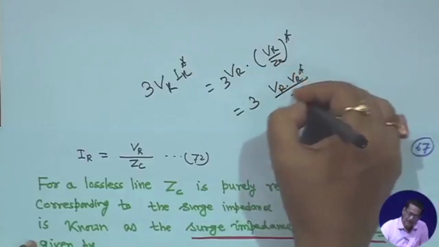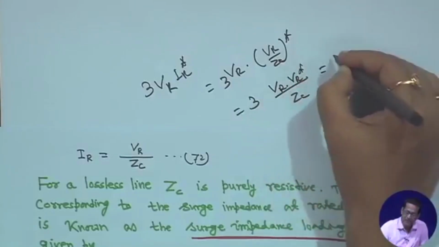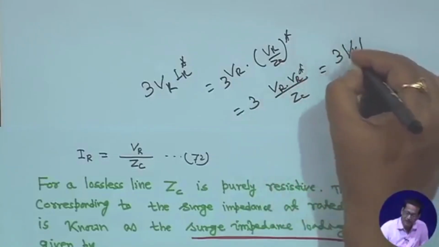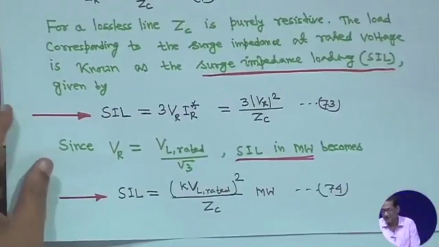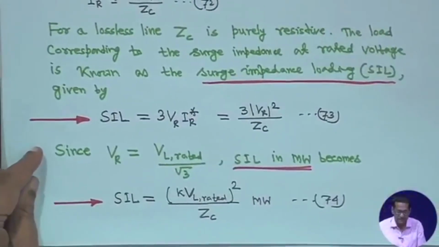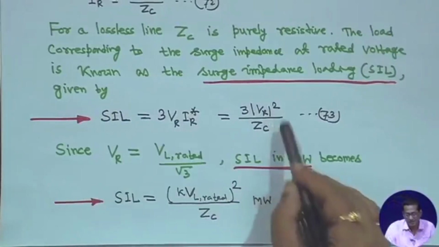Because ZC is a real quantity, VR into VR conjugate is VR square. So, that is why we are writing SIL is equal to 3 into voltage magnitude VR square upon ZC.